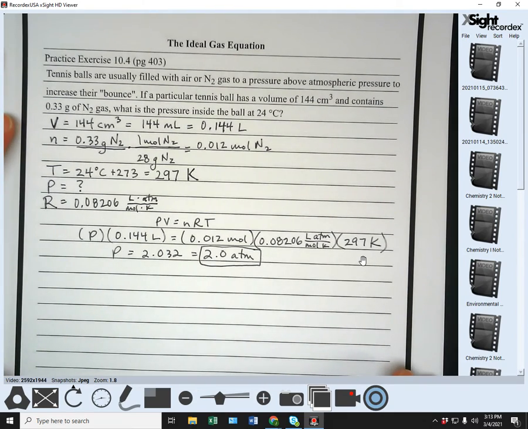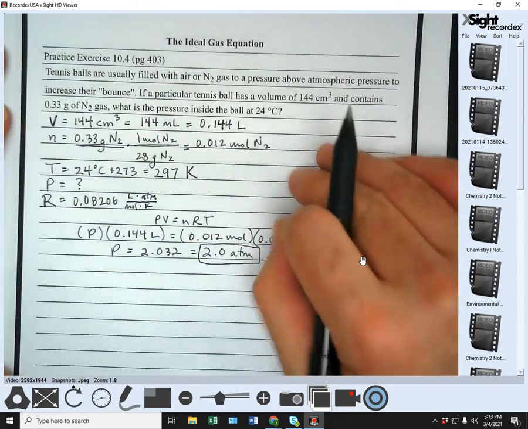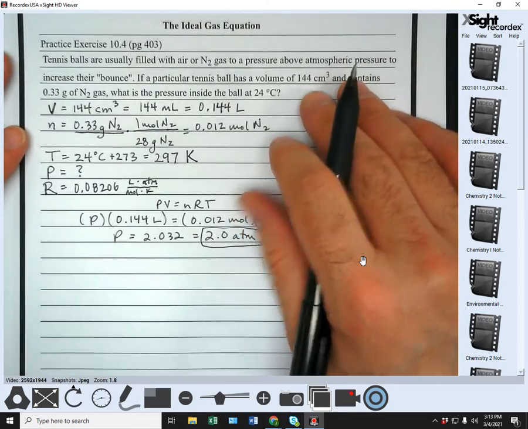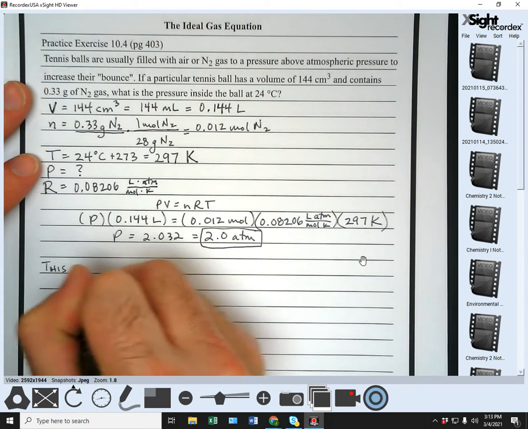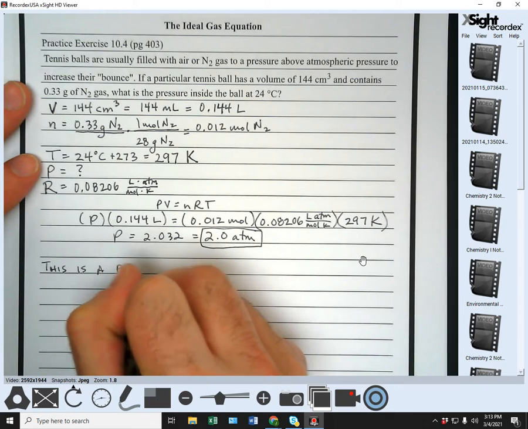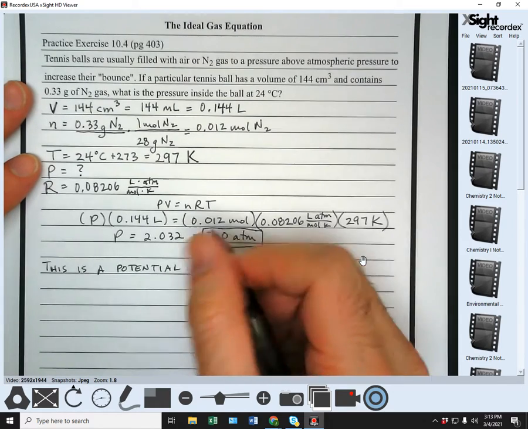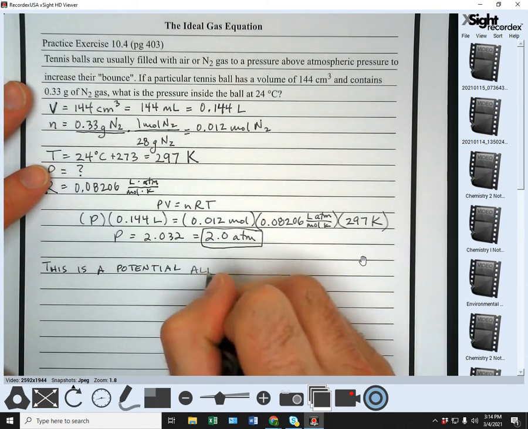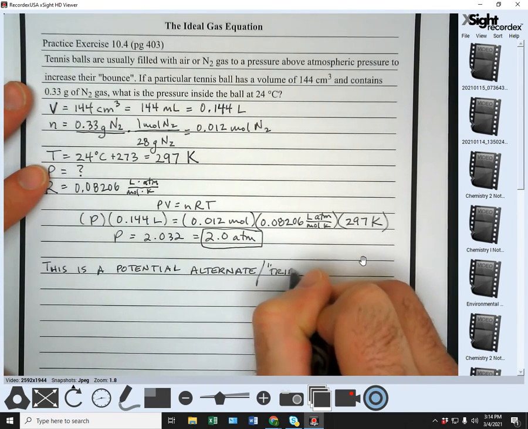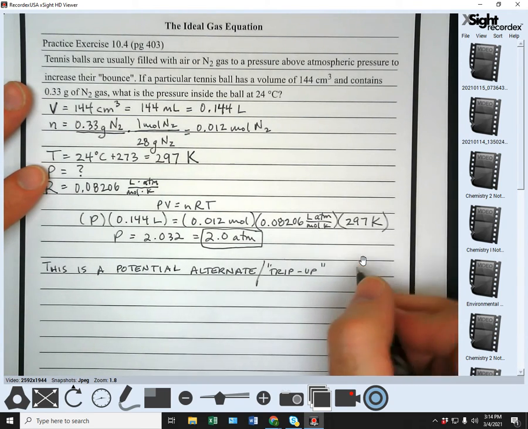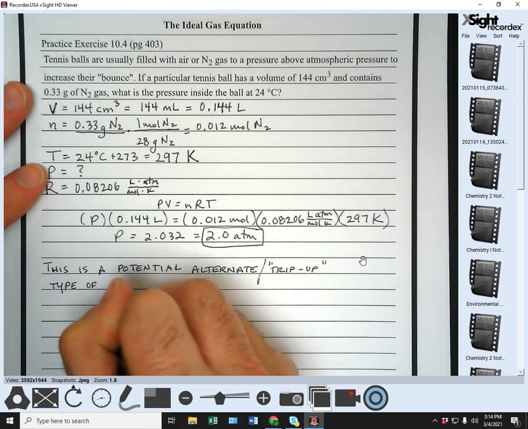Now, with the PV = nRT problems, this is a potential alternate or trip-up type of setup.